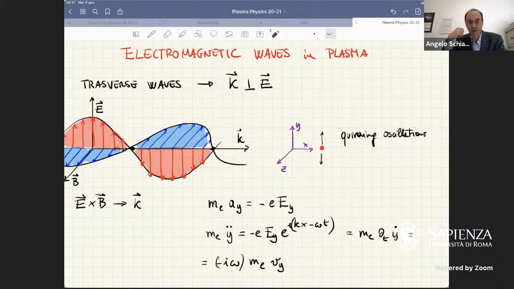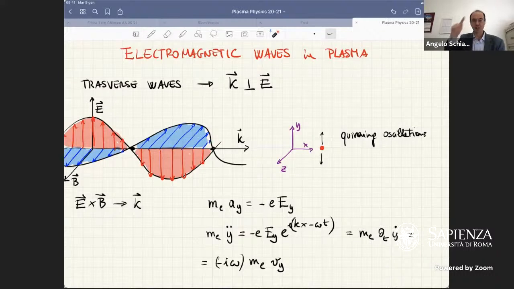So on average, the position is not changing. The electron is oscillating around a fixed position, and it's not acquiring any particular contribution to the kinetic energy, and is continuously exchanging energy with the electric field.